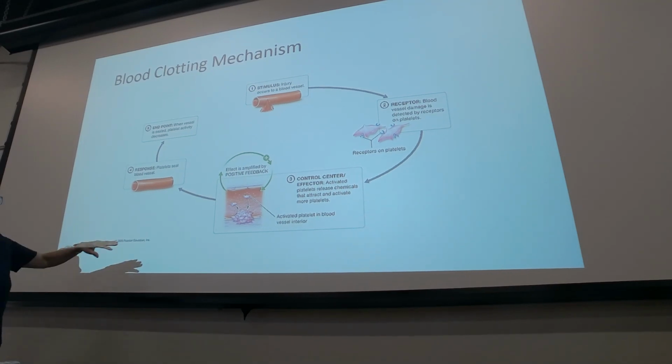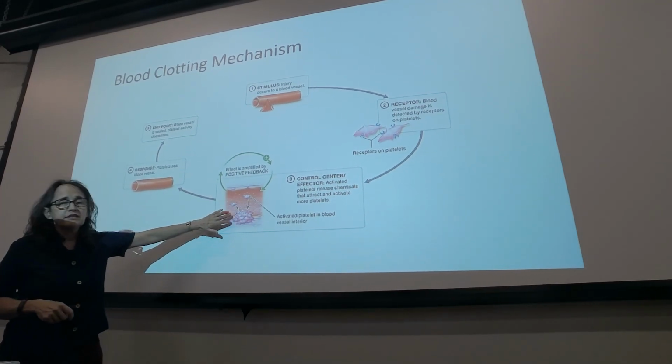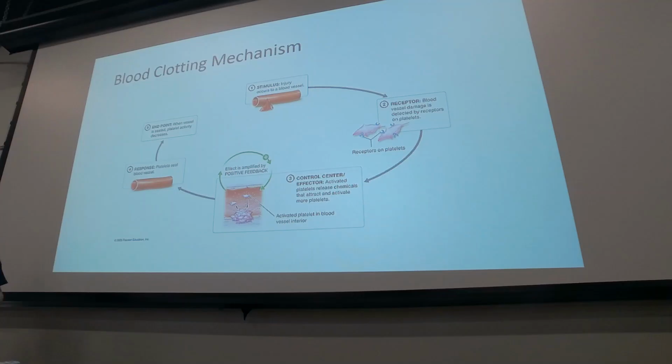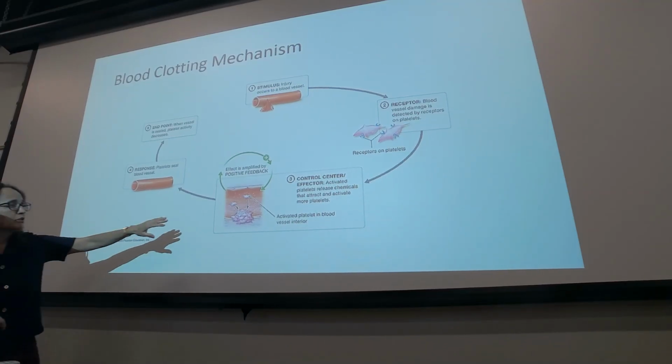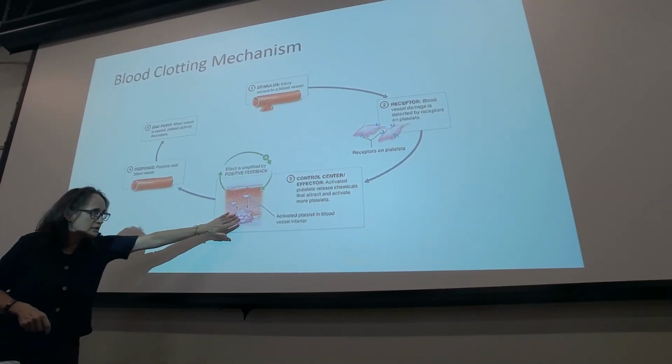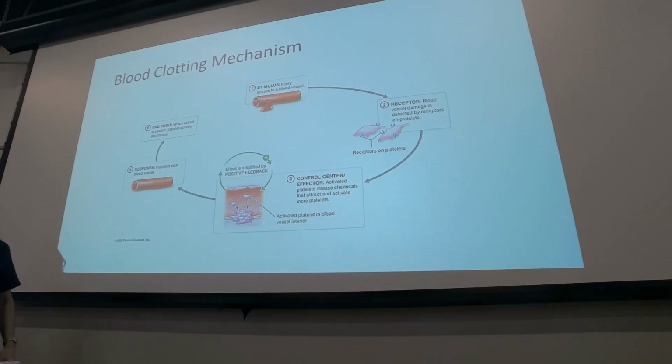Once your blood vessel wall is repaired, there is no more need to have these platelets in there, so you will fibrinolyze or destroy this platelet plug, and then you will seal your blood vessel, and then you end this.